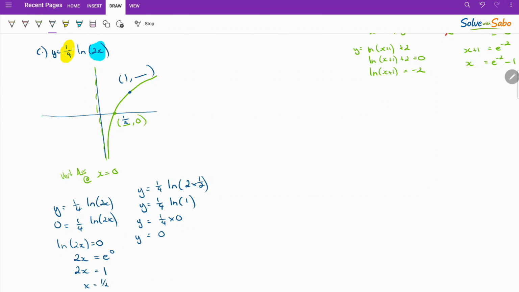All right, so we now have y equals 1/4 ln 2 times 1, sorry, I said 1/4 and wrote 1/2, which is 1/4 ln of 2.